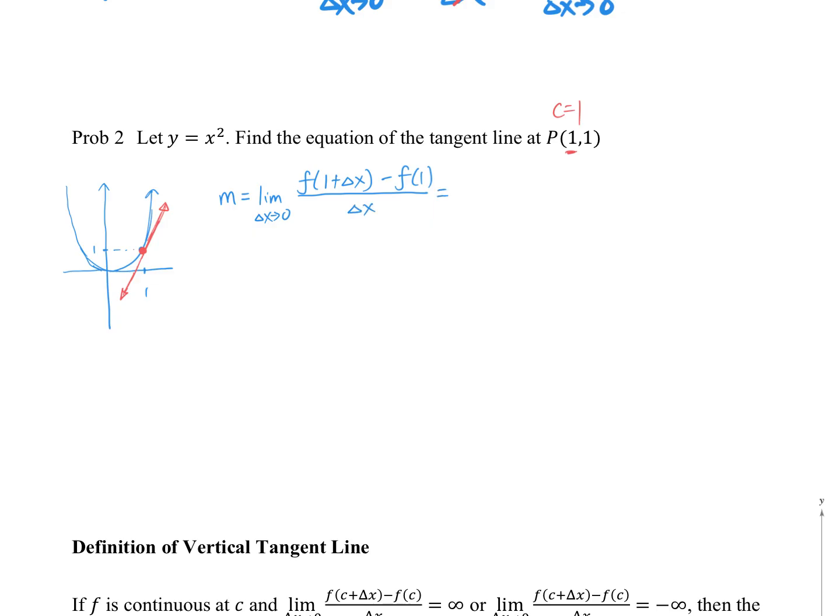And this is equal to, and we're going to plug in 1 plus delta x into the function, which is x squared. So we have 1 plus delta x squared minus 1 squared, which is 1, over delta x. And this is equal to, let's expand it.